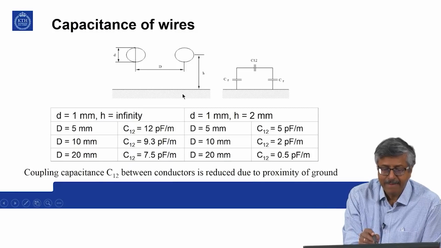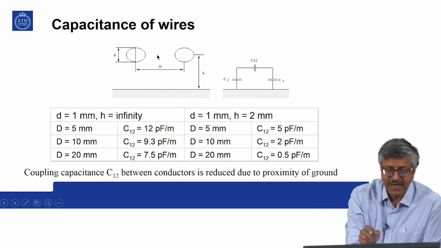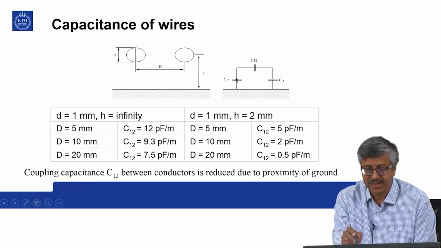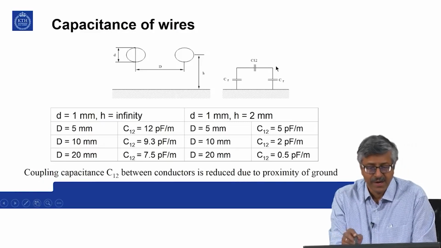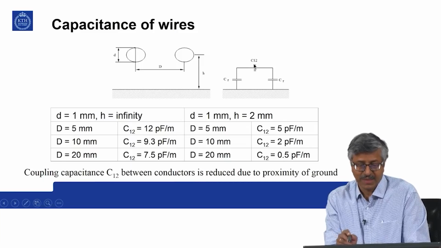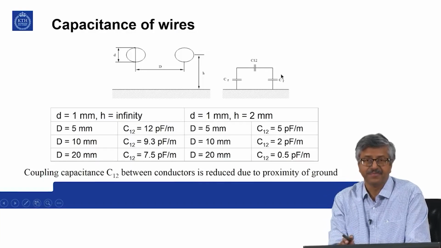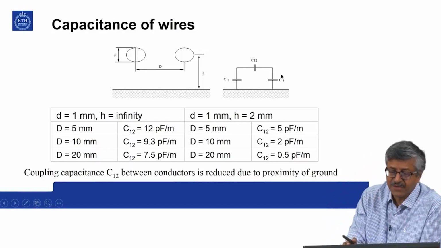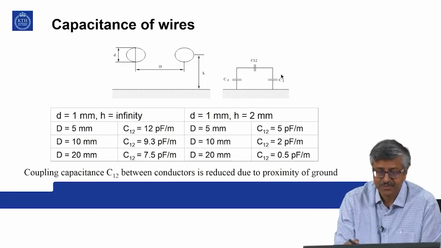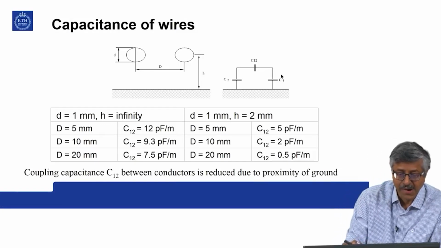Now, you have a capacitance. If they are carrying voltages, you have a capacitance between these two conductors, and a capacitance between each conductor and the ground. That circuit is shown here. C12 is the mutual capacitance, Cr is the reference capacitance, or capacitance with reference.